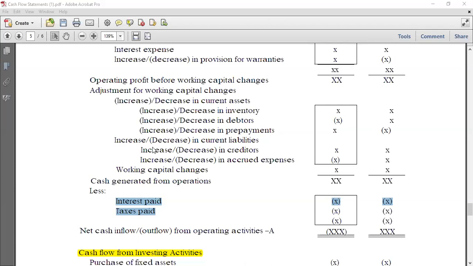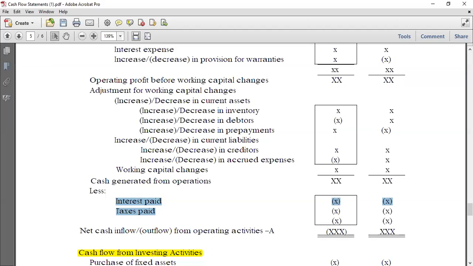I'm trying to explain how the interest paid and the taxes paid differ from what we have within our P&L and within our statement of financial position. You need to understand how those come into play.